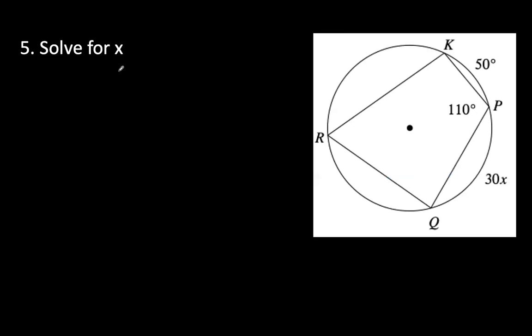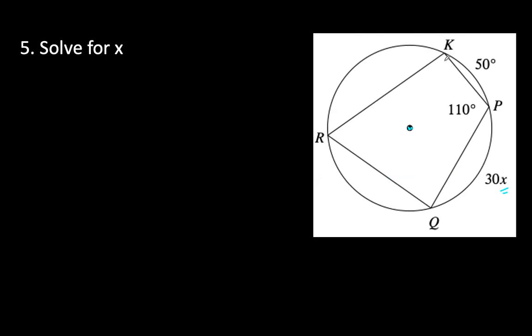Let's move on to problem number 5. Again, try to solve this on your own, and let's see if we get the same answer. We're solving for x here, given a circle where the center is this point, and there is an inscribed quadrilateral.